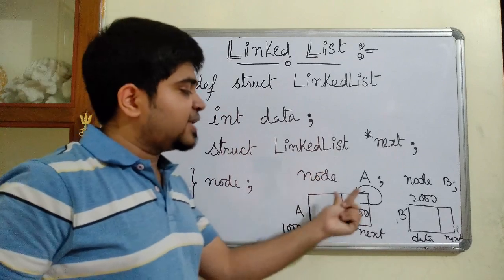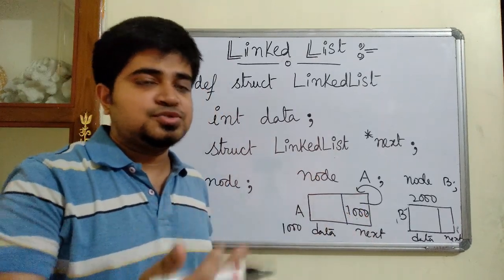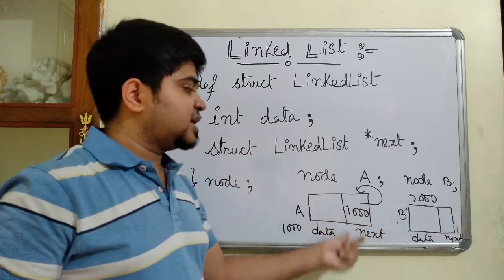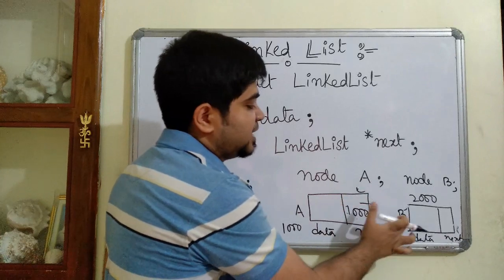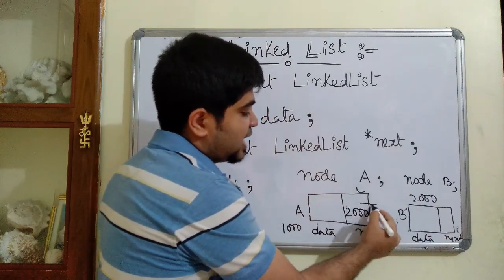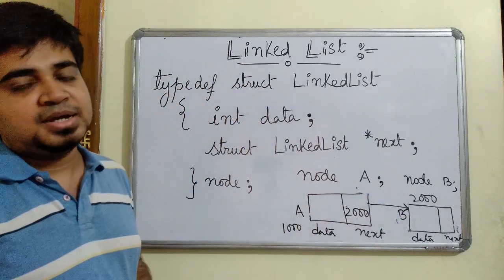What type of address can this next part hold? It can hold the address of another structure. So over here B is another structure, A is another structure. I can make the address of B, which is 2000, get stored over here at the next part, and this will point to this, right? So this is how it can be done.